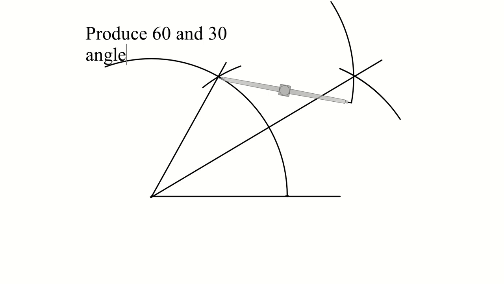The next thing you're going to learn to do is create a 90 degrees. First things first, make a line. Then you take your compass. The most important part about this compass is that its opening must be more than half the line. Ooh, this is so big. Let's make this a little bit smaller.